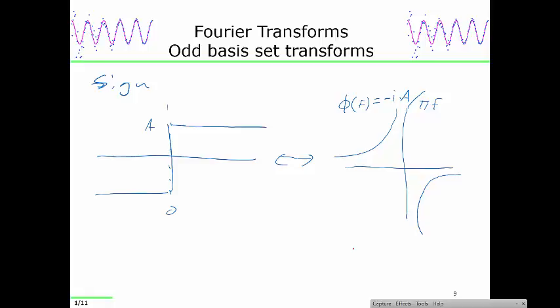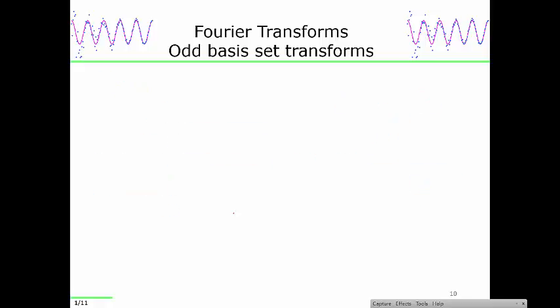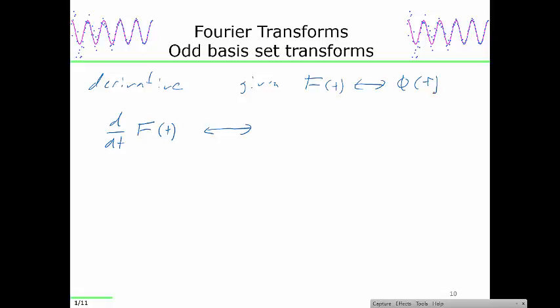Moving on. All right, the last one is the derivative. Given a Fourier transform relationship between f and phi, if I take the derivative with respect to f, what is its Fourier transform?